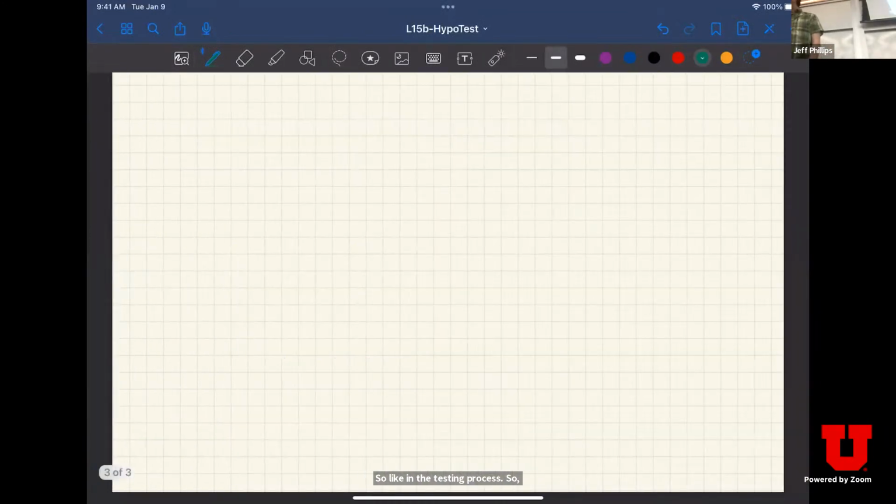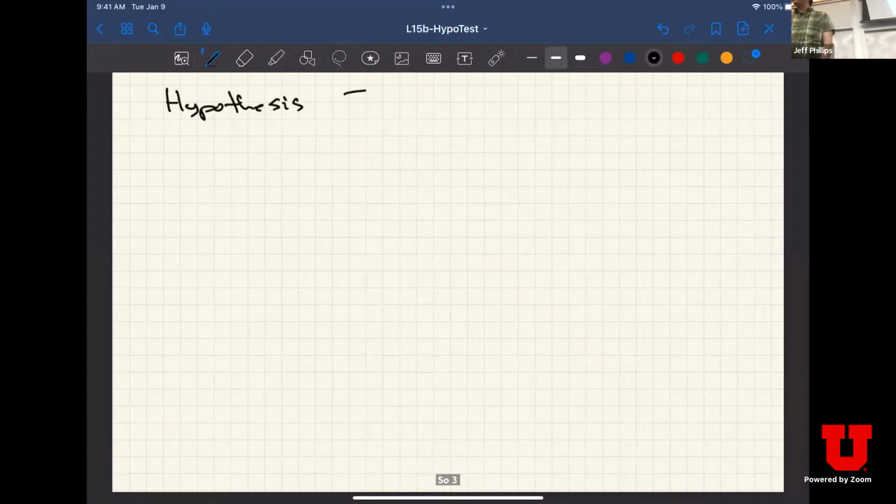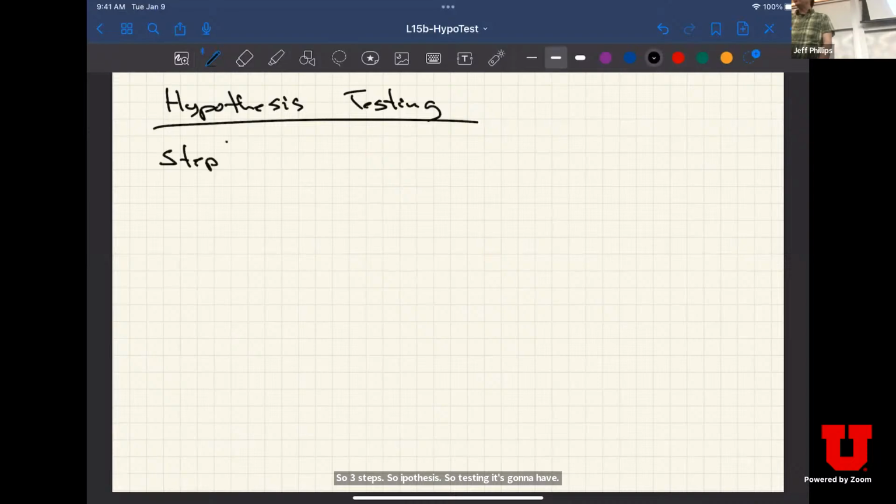So the hypothesis testing is going to have 3 steps. Step 1 is going to be hypothesis formulation.